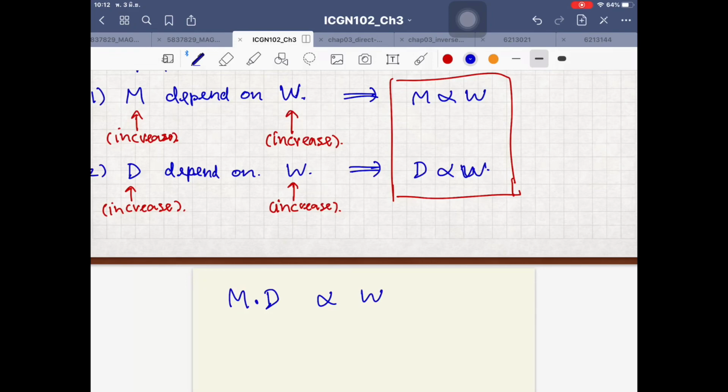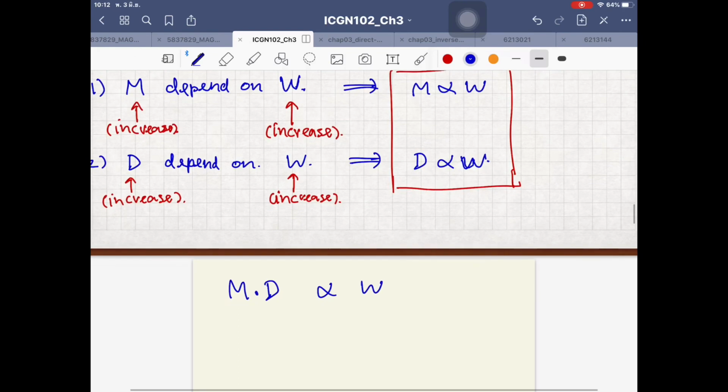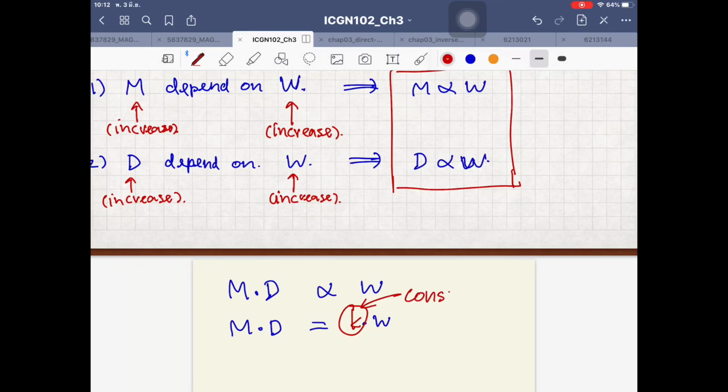And here, if we change from this expression to an equation, M times D can be equal to some constant K multiplied with W. The term K is just a constant, or a number. K could be equal to 2, 3, 4.5, 10, on and on.